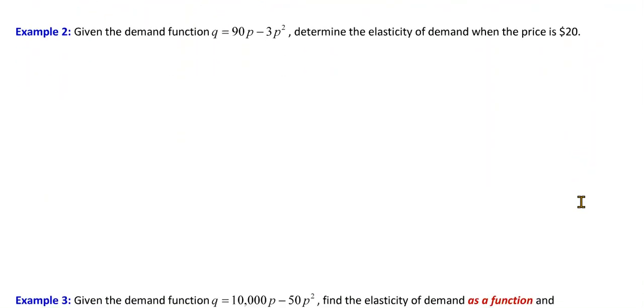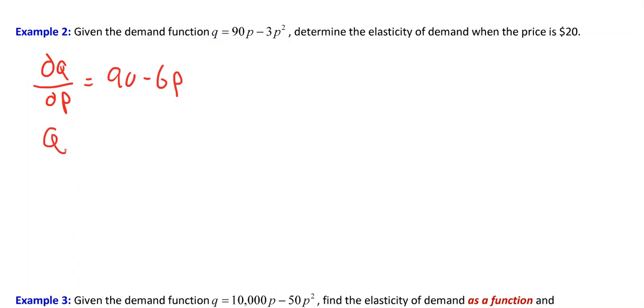Okay, in the next problem, now that we know what all the pieces are, we can just go through and do them. So I need to find dq/dp, and that will be 90 minus 6p. I also need to find q.